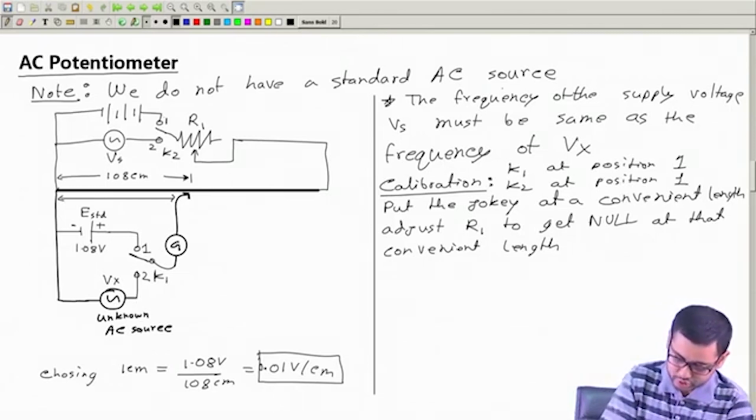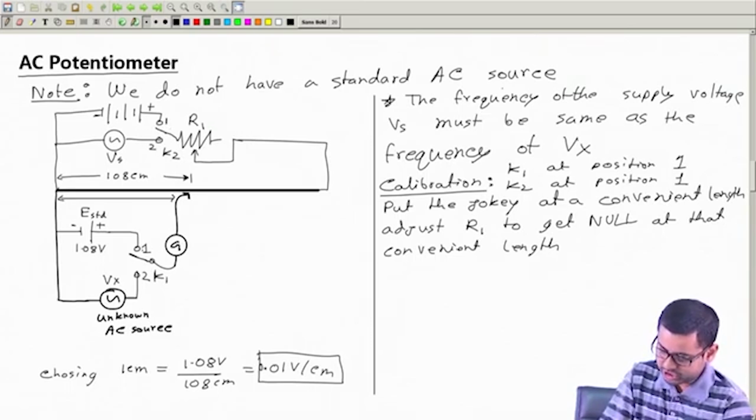Now the supply is also connected to this DC battery.